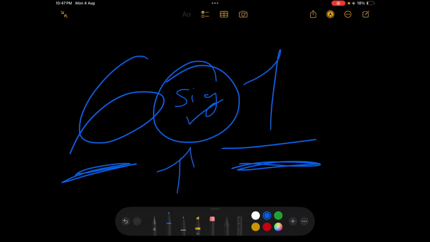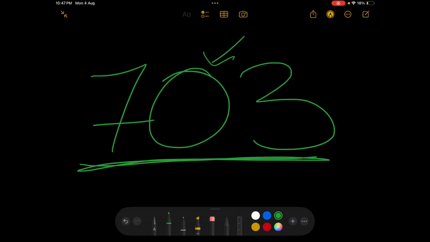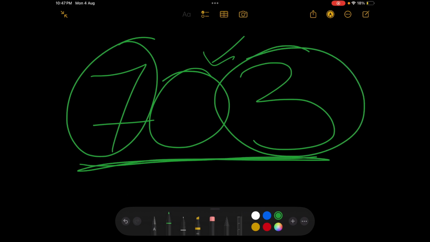So that would mean that we have 3 significant figures. Another little example, say we have 7, 0, 3. They're all significant because the 0 is in between 2 non-zero values.